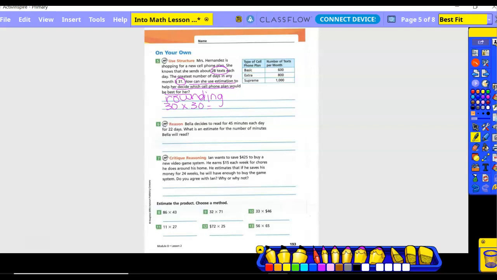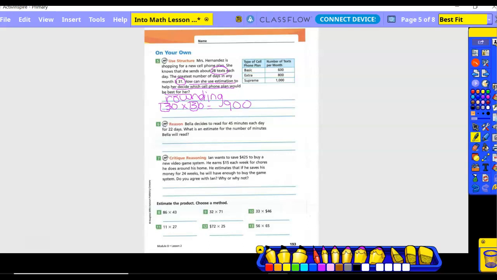Now, why did rounding work here? We went up how many on 28? 2, and we only went down 1 on 31, right? So do they kind of counterbalance each other out? Yes. Okay. So put 3 in a box, 3 in a box. 3 times 3 is 9, and add 2 zeros.